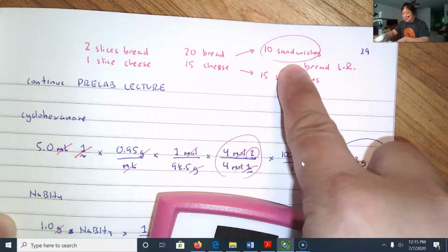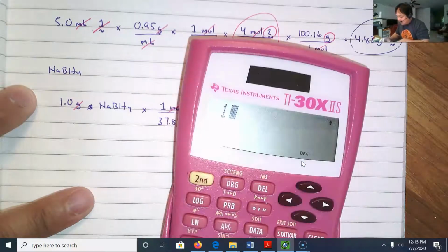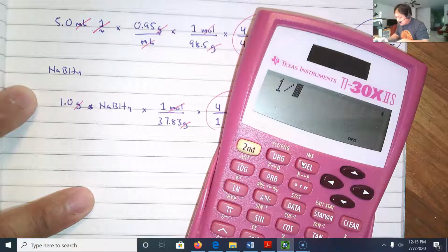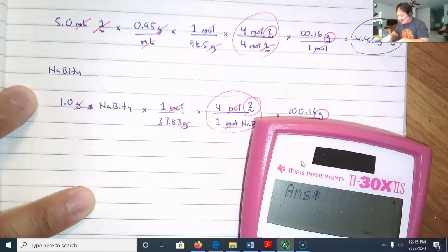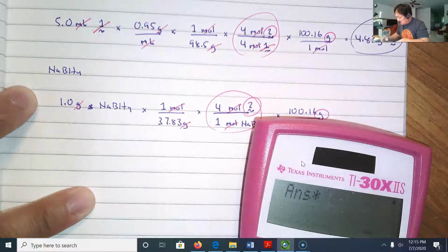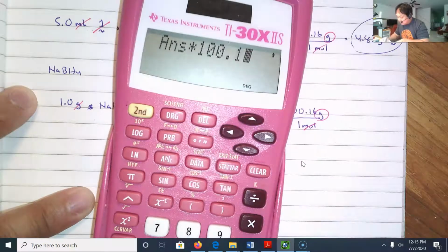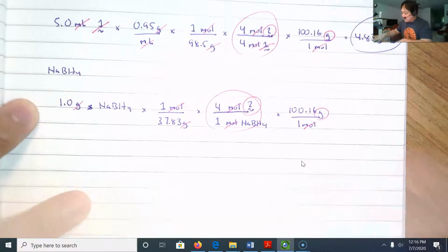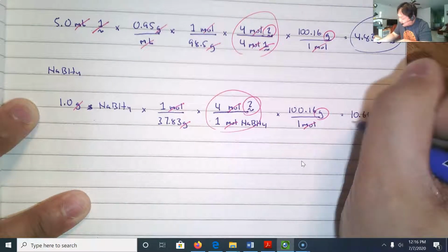You pick the smaller number, because that's the maximum number of sandwiches you can make. 1 divided by 37.83 equals, times 4 equals, times 100.16. Ooh, 10.60 grams of 2, of the product.